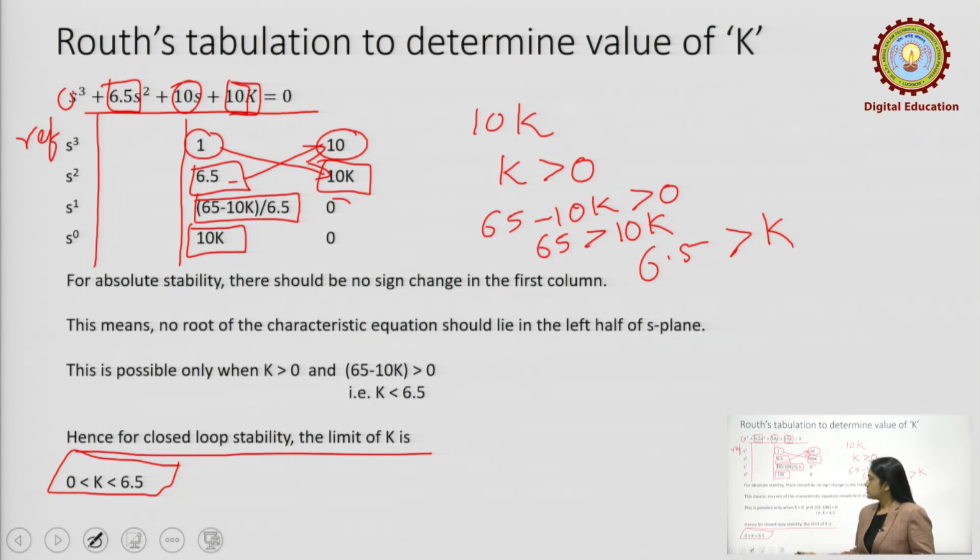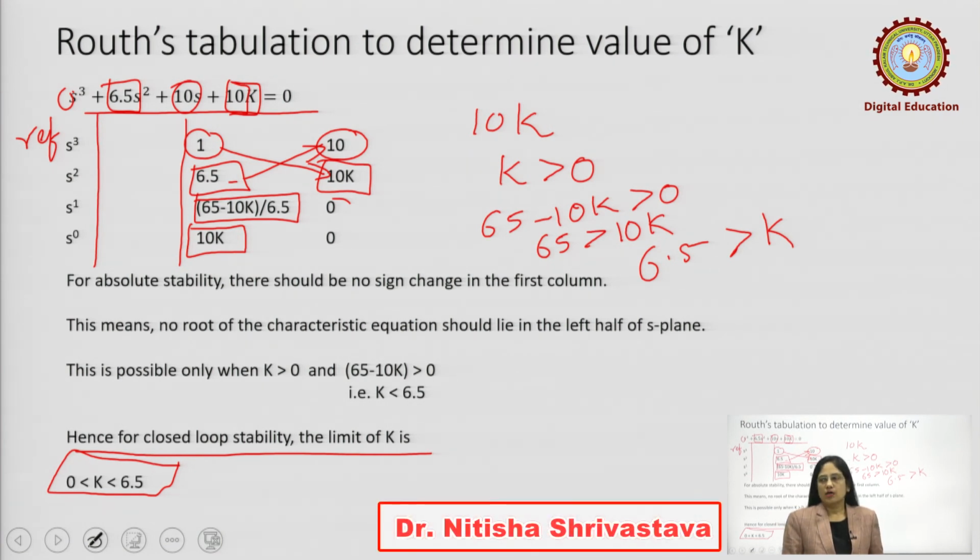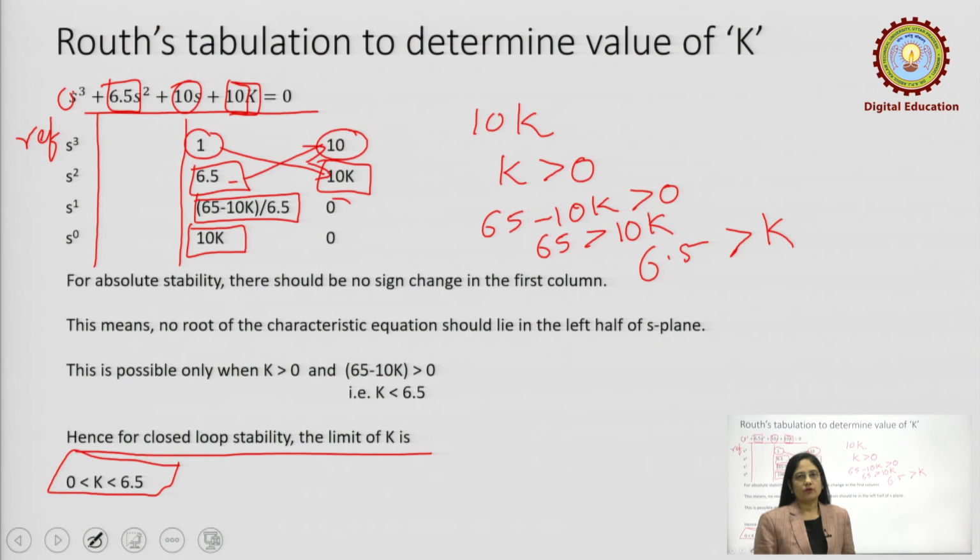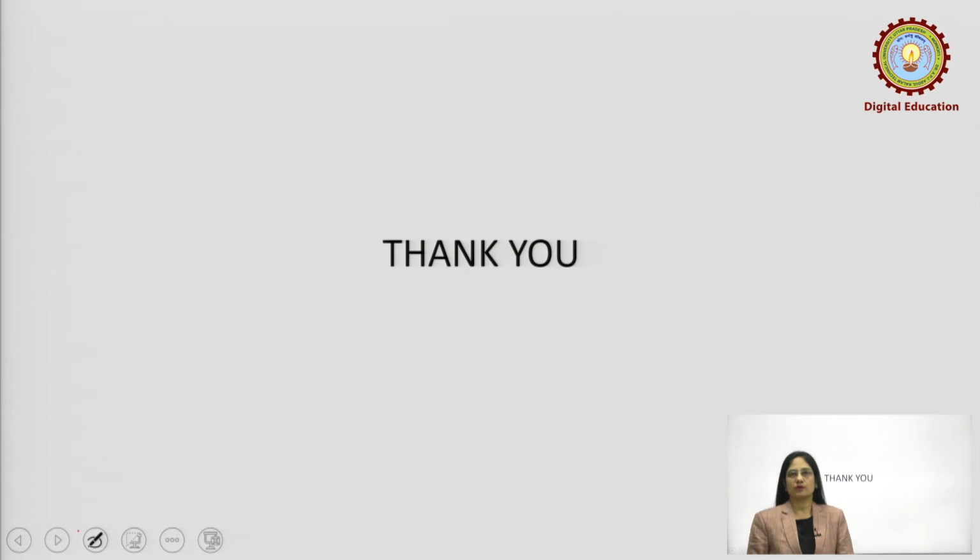So, for absolute stability, k should not go beyond 6.5, not even 6.5. If the value of k is 6.5, then the system will become marginally stable, but here we have to determine the value of k for absolute stability. So, the value of k for absolute stability is 0 less than k less than 6.5. Thank you.